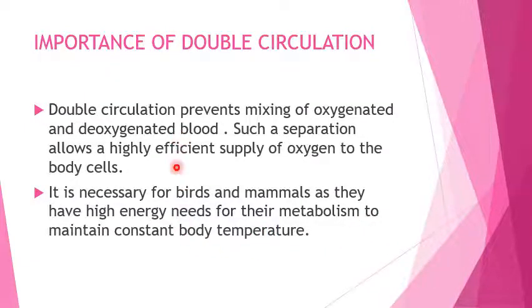So these are the two important points by which double circulation plays a very important role in birds and mammals, and why our body maintains a constant temperature. Our body maintains the constant body temperature because our oxygenated and deoxygenated blood are separate.